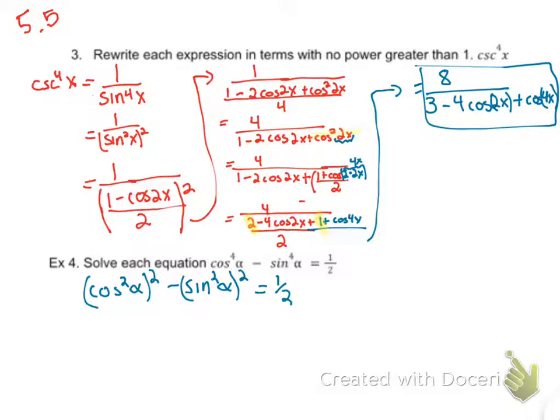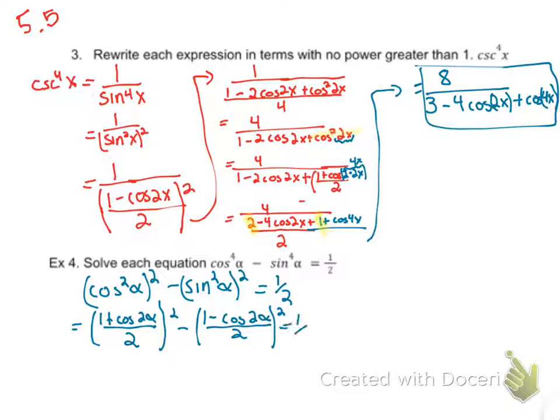We can substitute in what we have for our power reducing formula. So this is going to be (1 plus cosine 2 alpha over 2), and then that's all going to be squared, minus (1 minus cosine 2 alpha over 2) squared equals 1/2.